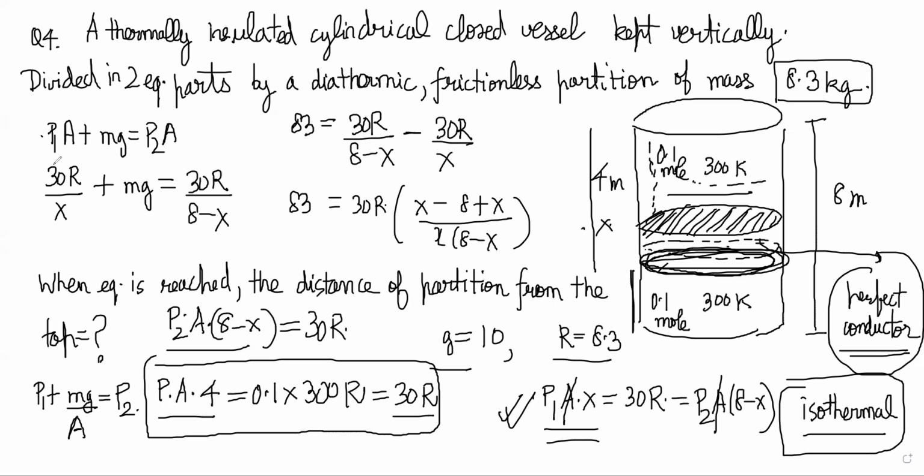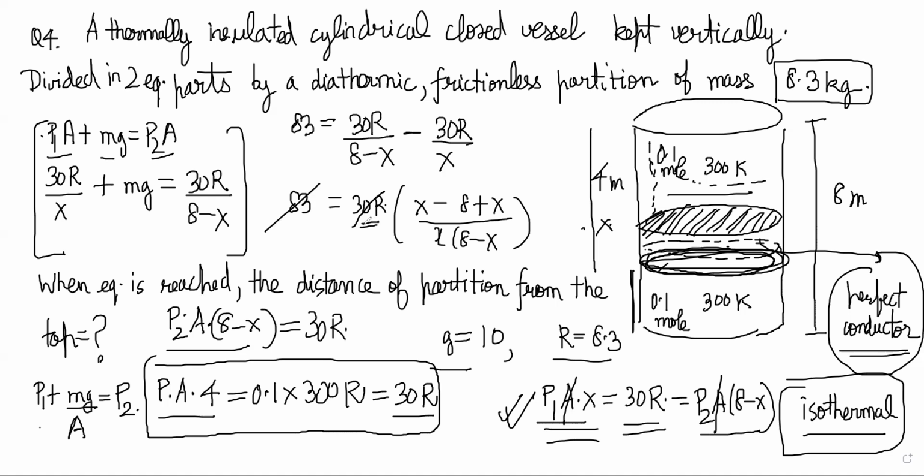Do you realize I'm getting an equation like this? Because we had P1 into A into X is equal to P2 into A into 8 minus X is equal to 30R. I'm writing the equation here. I'm saying P1A plus mg is P2A. And then I'm putting P1A is 30R by X, and P2A is 30R by 8 minus X. And by the way, 10R is 83, so this cancels here.